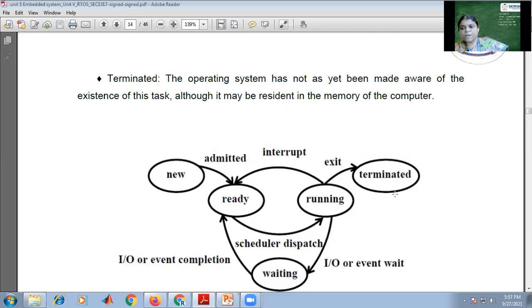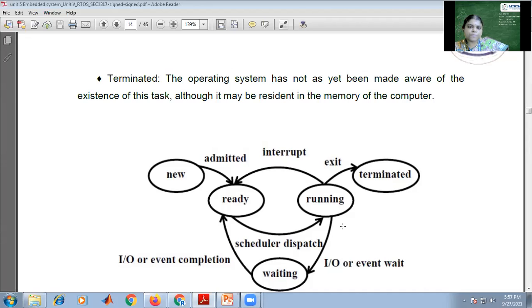Once you have written the examination, after 3 hours, you will be moving out, isn't it? In the timetable schedule, the subject will be there, but since the work is completed, you have written the exam, the task will be put in the terminated state.